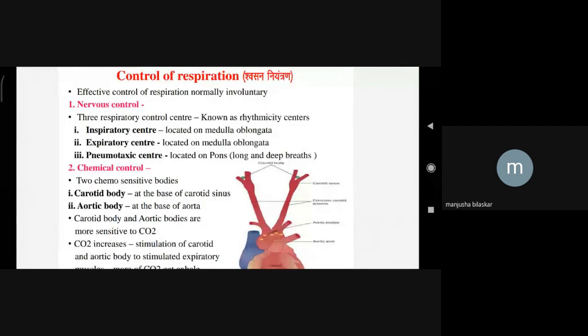Hindbrain means the backside of the brain, which contains the cerebellum, pons, medulla oblongata, all this. Okay, we will learn all about this. So the inspiratory center is located in the medulla oblongata. The expiratory center is also located in the medulla oblongata. The pneumotaxic center is located in the pons.